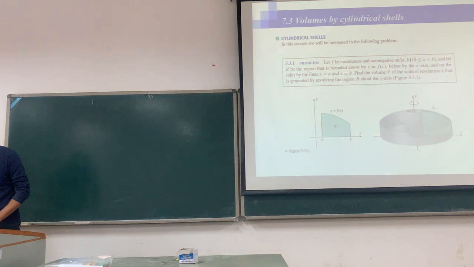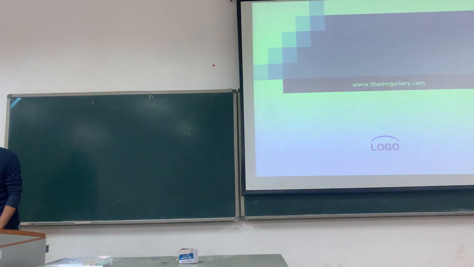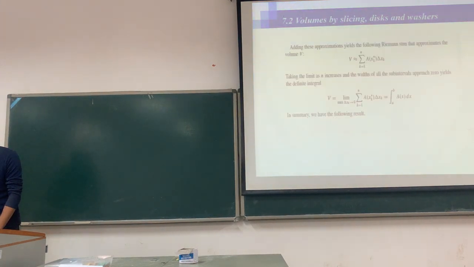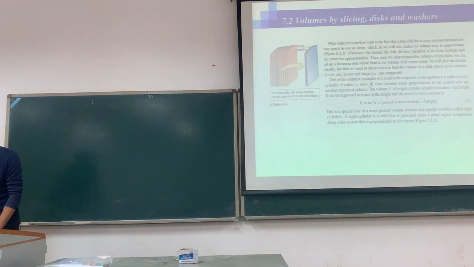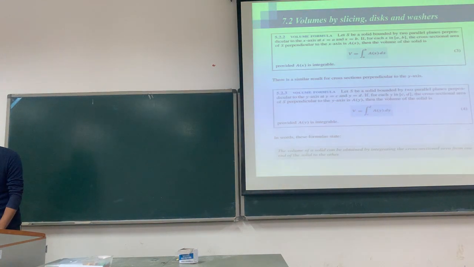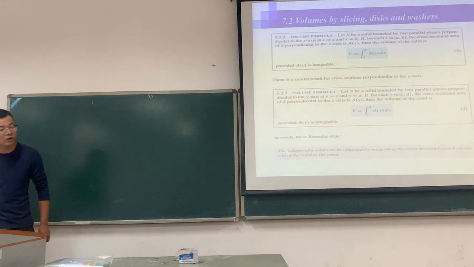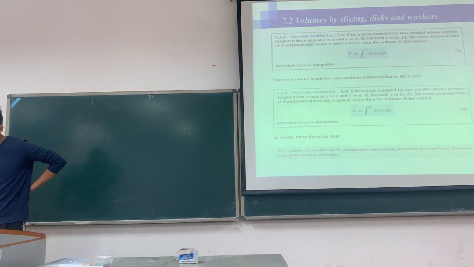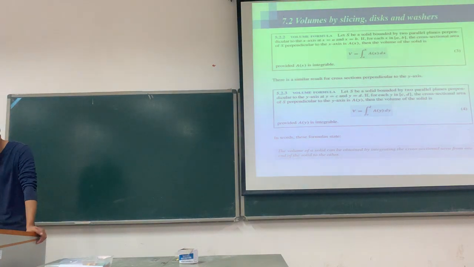At the beginning, we will review the content of the last class. Let S be a solid bounded by two planes perpendicular to the x-axis at x equal to a and x equal to b.